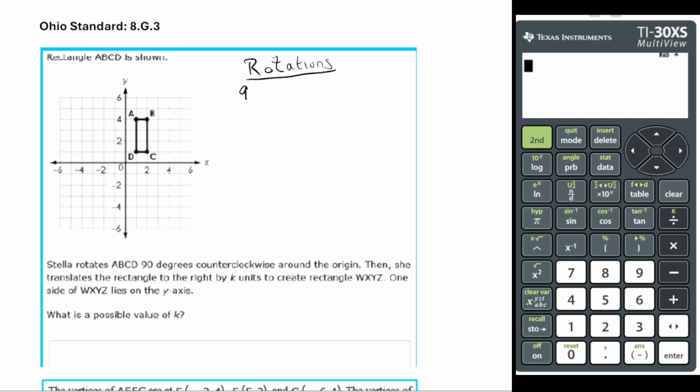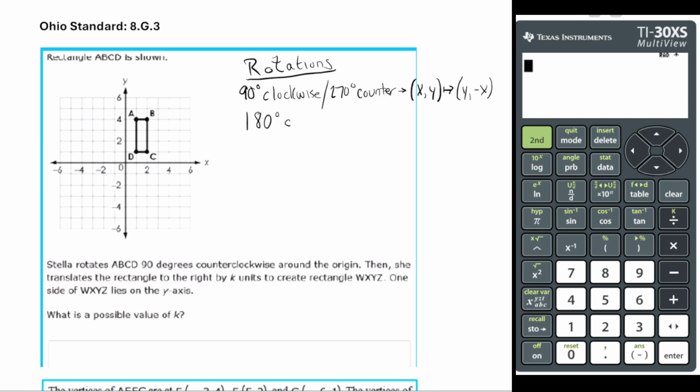So 90 degrees clockwise, which is the same as 270 counter, has your coordinate of xy becoming y comma negative x. You flip the order and you change the sign.